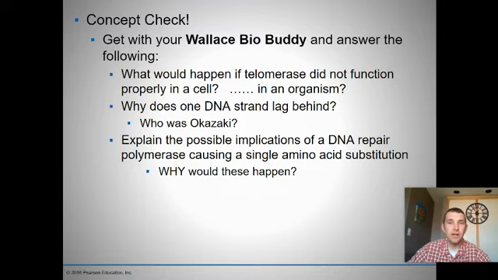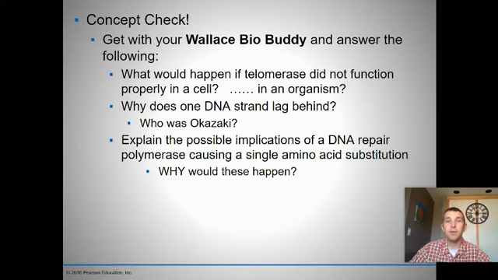Why does one DNA strand lag behind? It's because DNA can only be built in one direction. So one strand is made continuously, the other one has to be written backwards in segments called Okazaki fragments, named after the scientists who discovered them.